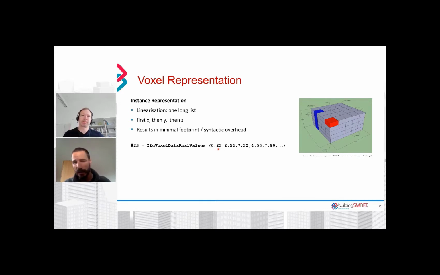But here you can see a nice representation of how this would work with just real values, where only the real values are then encoded, and the measure value is on the voxel data attribute. The same logic applies for the values. We go first X, then Y, then Z, and that results in only one list having to be encoded. So let's go to the next slide.